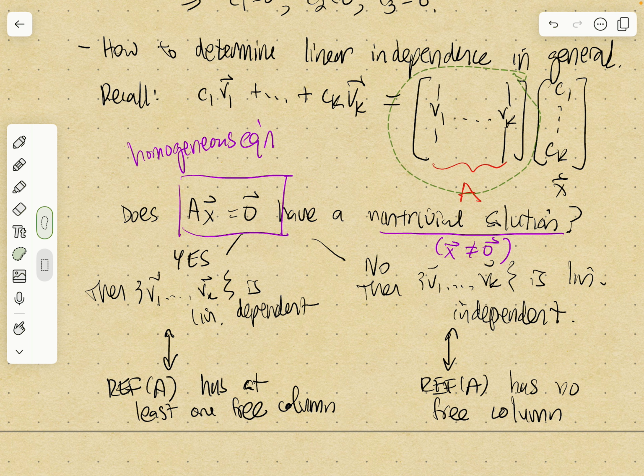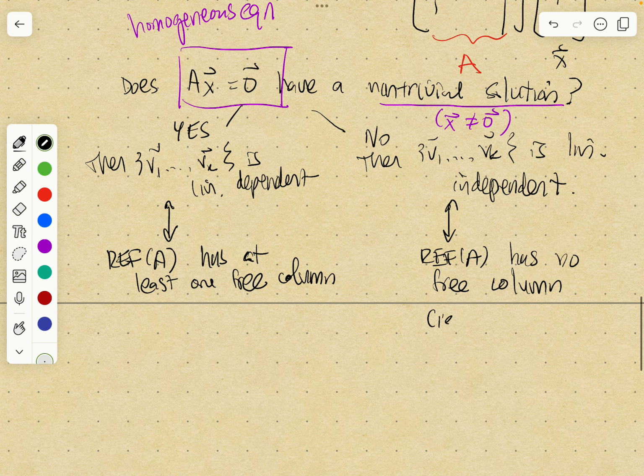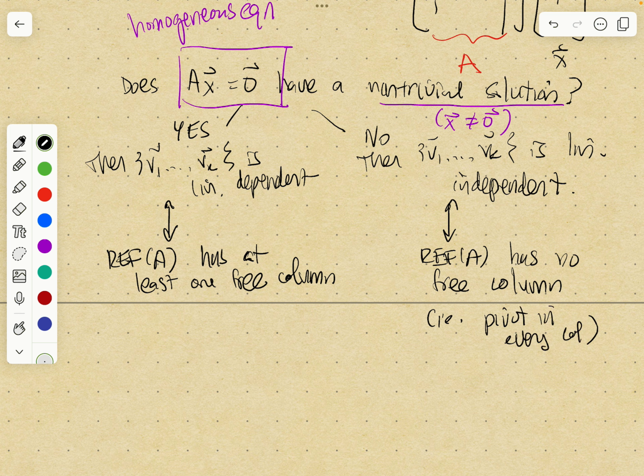And if the echelon form has no free column, every column is a pivot column, i.e., there's a pivot in every column, then you know that the set is linearly independent.